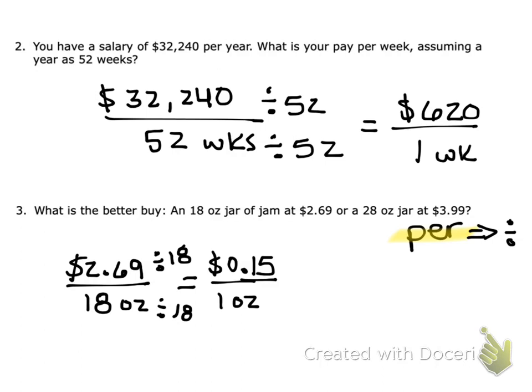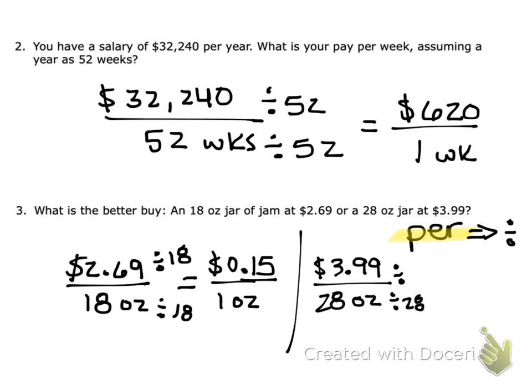Then we're going to look at our other one, $3.99 for 28 ounces. We're going to divide by 28.